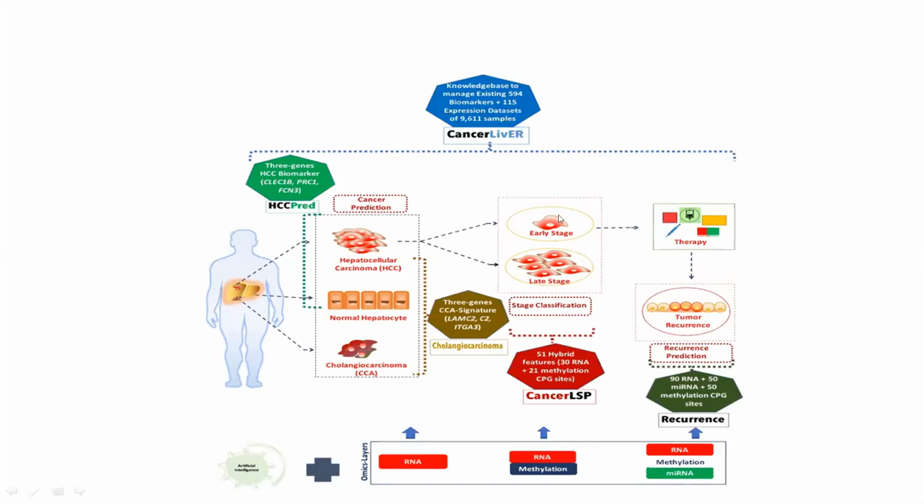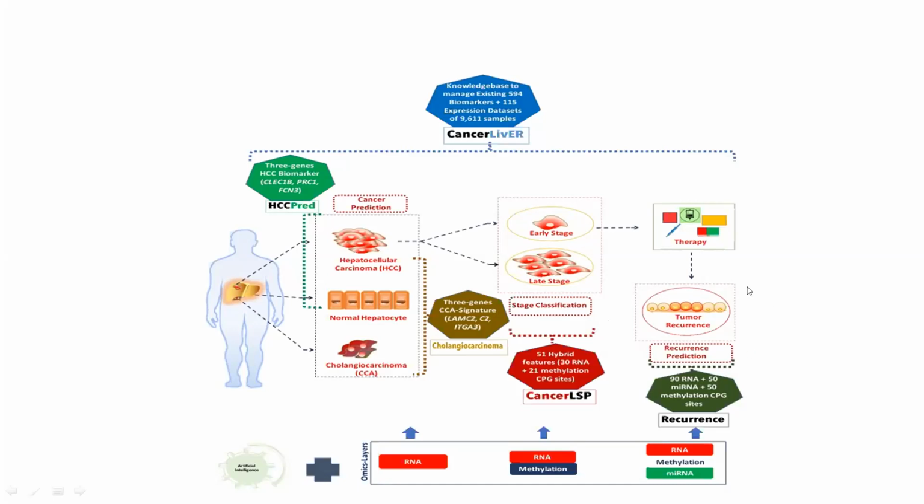Then our next research problem is focused on stage classification, where we want to identify multi-omics biomarkers, including transcriptomics as well as methylation-based signatures, that can predict liver cancer at the early stage.